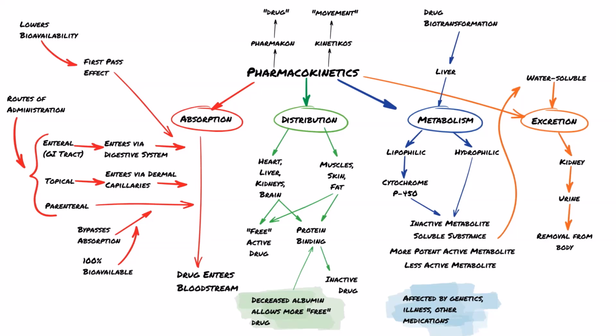So why does understanding this matter in healthcare? Well, knowledge of pharmacokinetics helps predict how a drug will behave in different individuals, ensuring safe and effective treatment. For example, two patients may need different doses of the same drug due to variations in their serum protein levels, metabolism, or excretion rates. To give a real-world example, let's consider two patients.